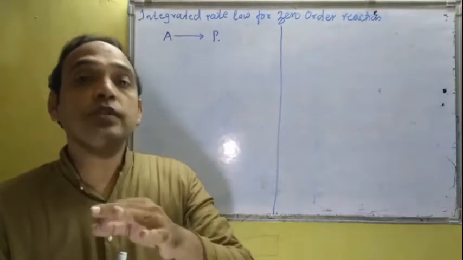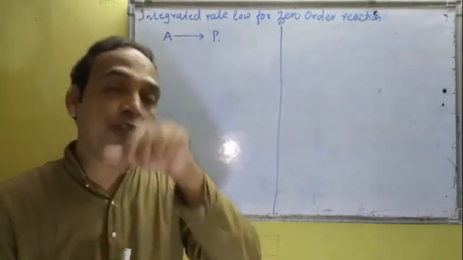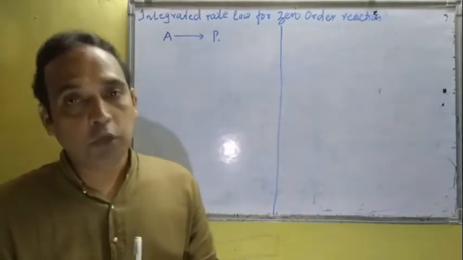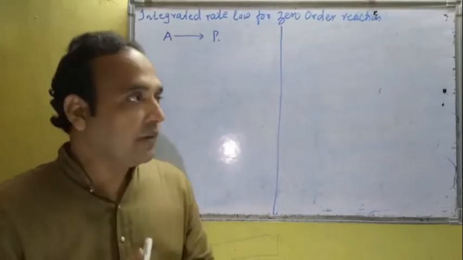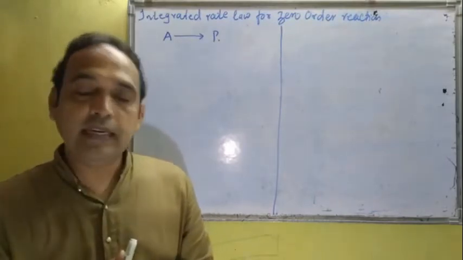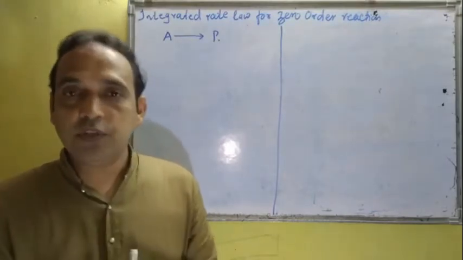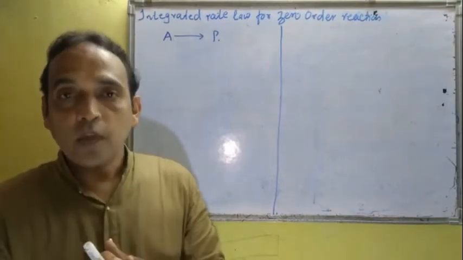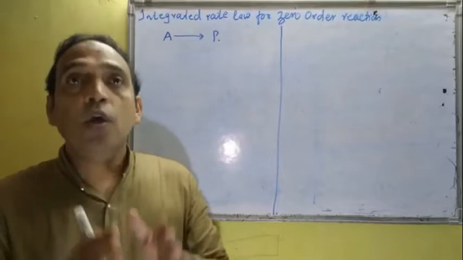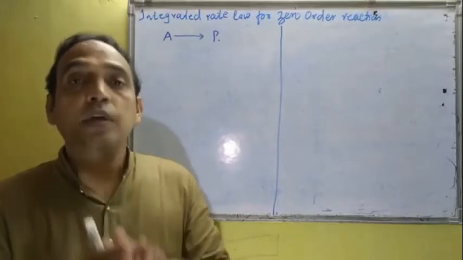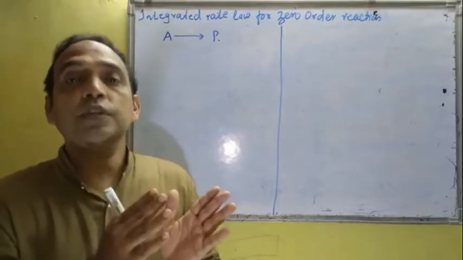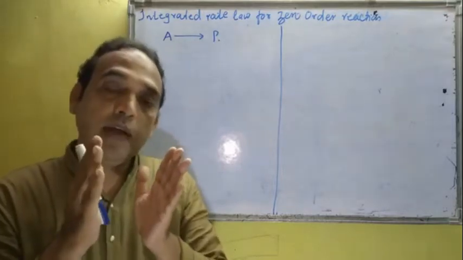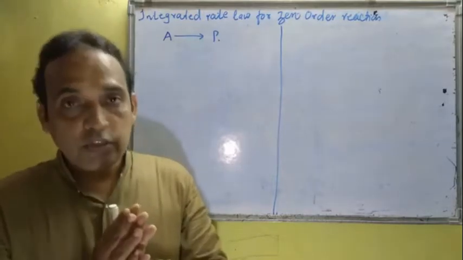According to instantaneous rate, in differential form, we will write all other parts of the topic. Now after average rate of reaction and instantaneous rate of reaction, we have discussed what is rate law, what is order of reaction, what is molecularity of reaction, how order of reaction is different from molecularity, how order and molecularity can be distinguished.